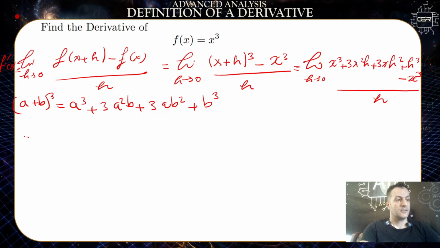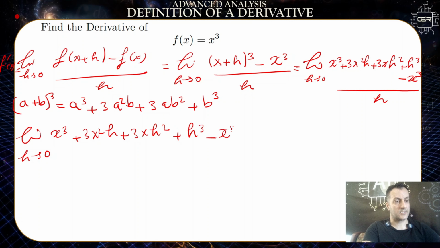Okay, so it is the limit as h approaches 0 of x3 plus 3x squared h plus 3x h squared plus h3 minus x3 divided by h. Now, x3 minus x3 cancels out.